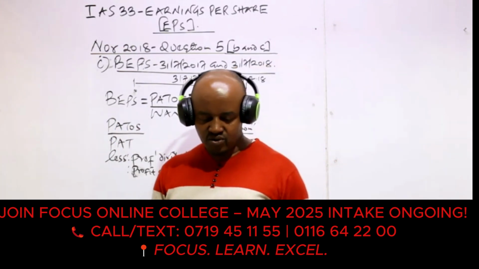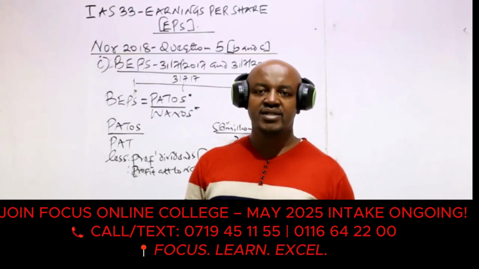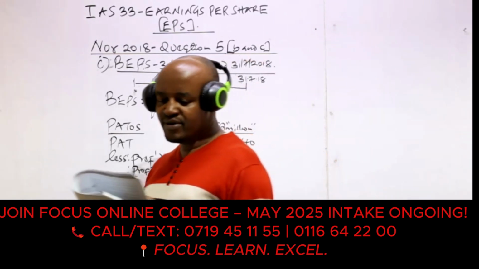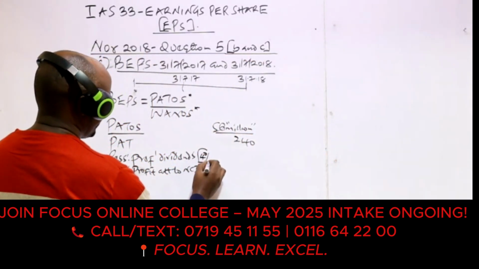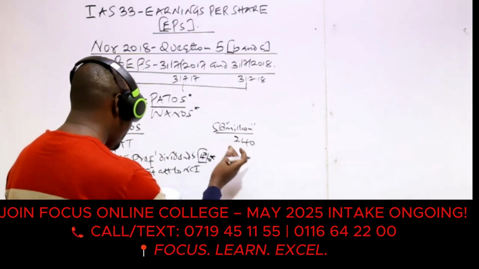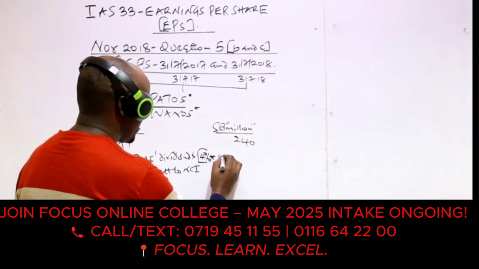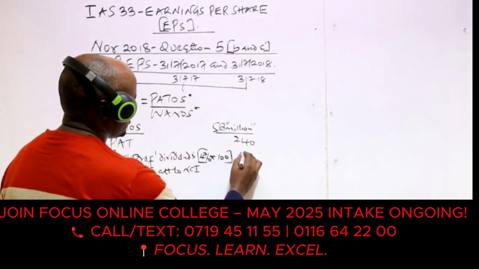We are told that under equity share capital, this company had issued 4% preference shares. So basically, this company at the end of each year should pay preference dividend equal to 4% of the preference share capital. The preference share capital for 2017 was 100 million. So 4% of that will give us 4.